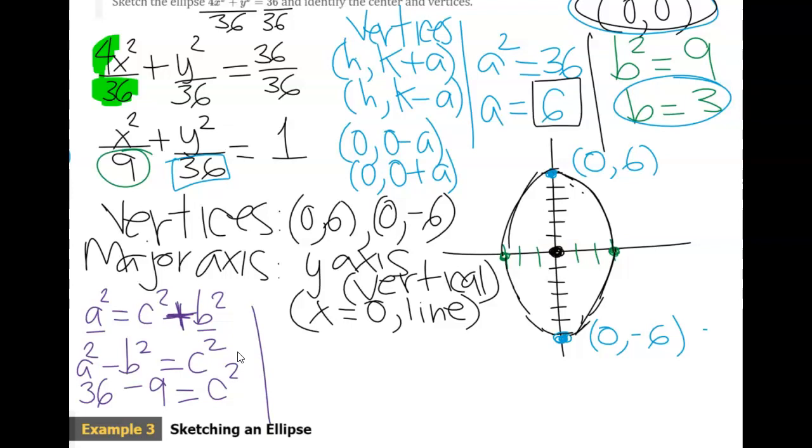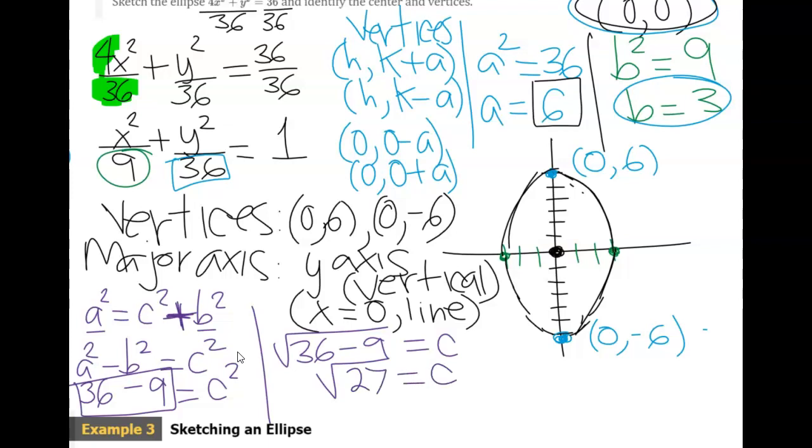So if I want to find what c is equal to, I'll have to take the square root of those two. So 36 minus 9, and you could already see that it's going to be, what would that be? 27. I was hoping it would be 25, but no. Okay, so right here, the square root of 27.